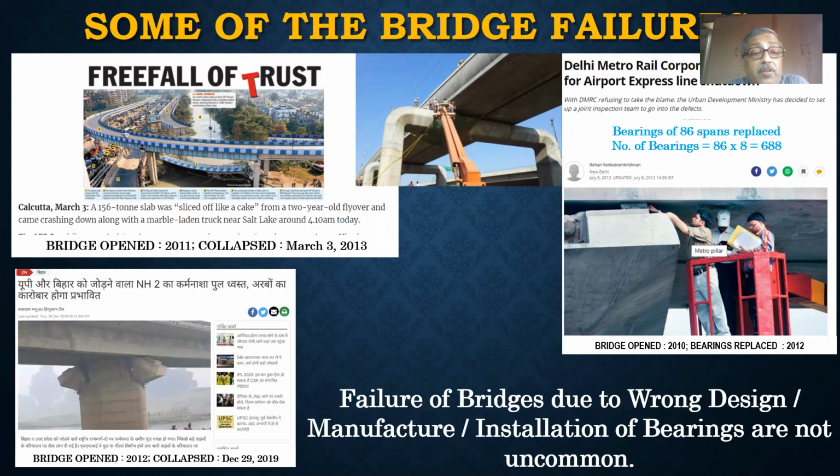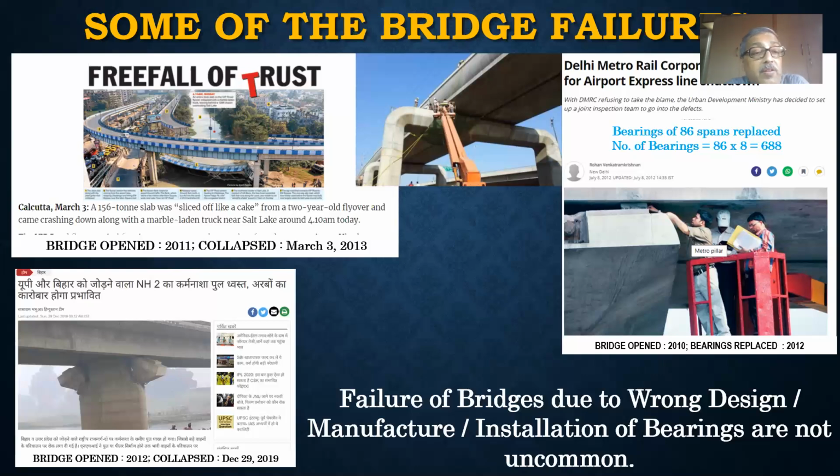Let me mention that there are a number of bridges where, during the installation of the bearing or during a couple of months after installation, problems have arisen and the bearings have been replaced, but those do not come to limelight because that is the period of defect liability or during construction, where the contractor, the client, and the consultant, all of them, do not try to highlight the failures, and therefore the bearings are simply replaced without really informing the public at large.